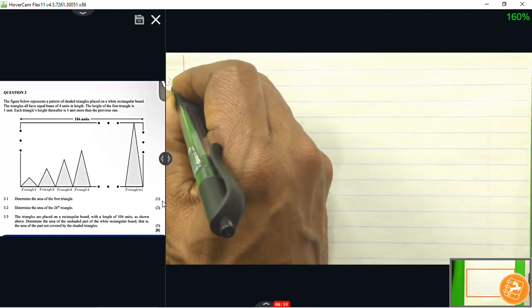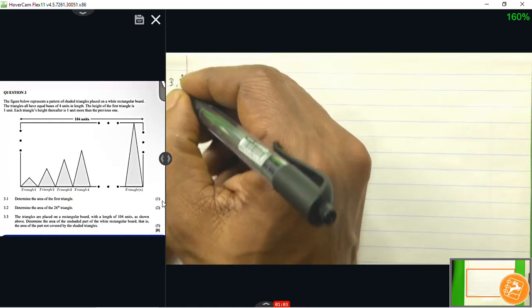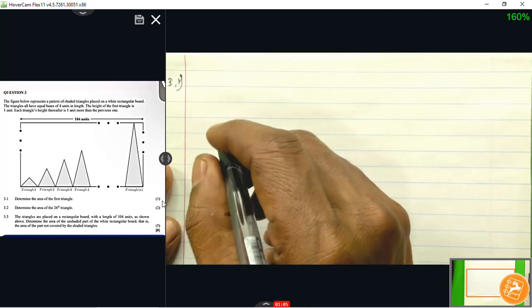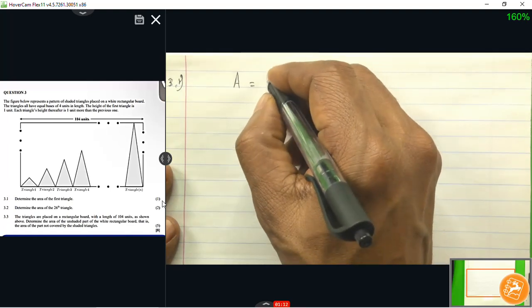So if I know that in the first one they say determine the area of the first triangle, and it's 1 mark, at times I can even preempt, work in advance and say, okay, in the first one they want me to work out the area of the first triangle, and I know that in a triangle I'm talking about what?